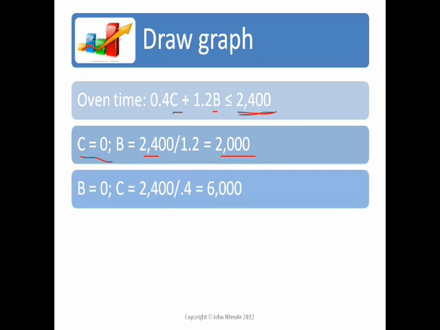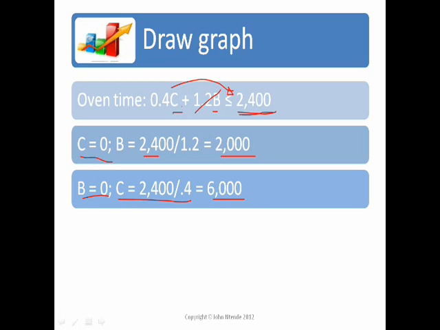Then you let b equal 0, meaning that this figure goes out, and then you have 0.4c being equal to 2400. If you divide both sides by 0.4, c will be 6000.